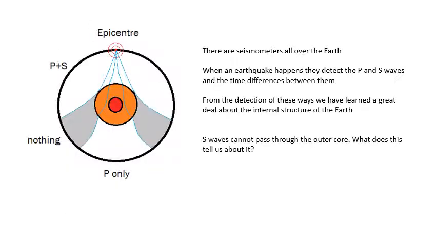On the surface of the Earth, there are lots and lots of seismometers, hundreds of seismometers detecting earthquake waves. Now, when an earthquake happens, it produces P and S waves, and they behave very differently. One thing to notice is that the waves curve, and that's because as you get deeper into the Earth, the density changes.